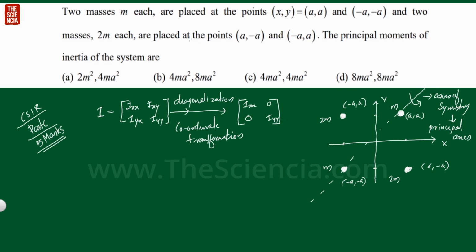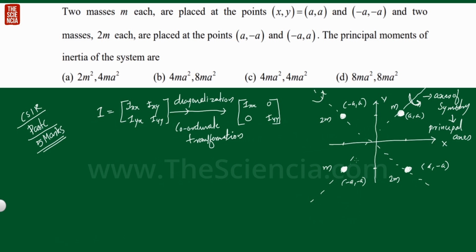So in this problem, what did they ask you to find? They asked you to find the principal moment of inertia of the system. It is nothing but the moment of inertia of the system about this axis. This is one of the symmetry axes. And there is another symmetry axis, this one. See, if the body is rotating about this axis, then there will be no contribution to the moment of inertia due to these two masses.